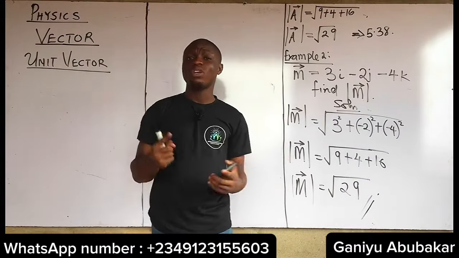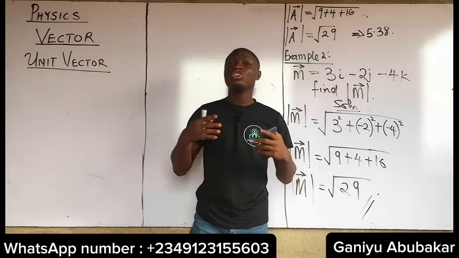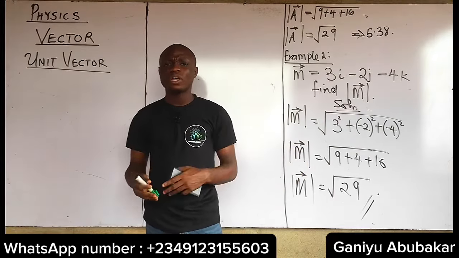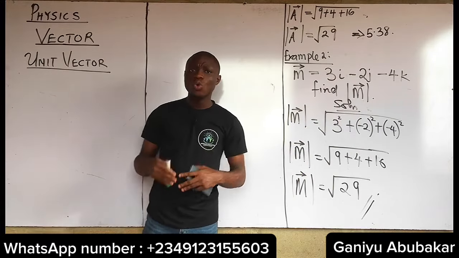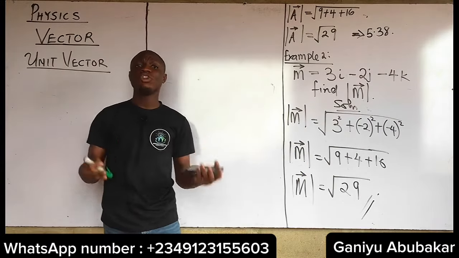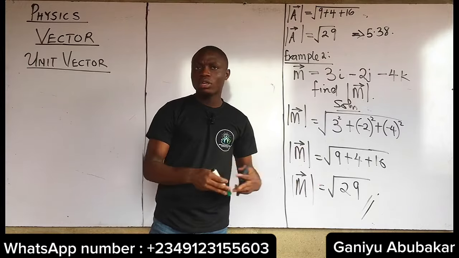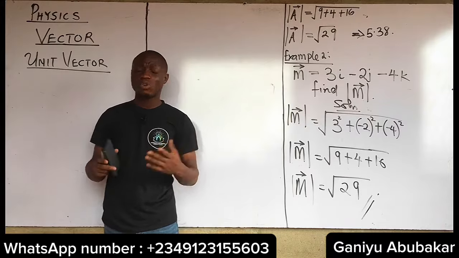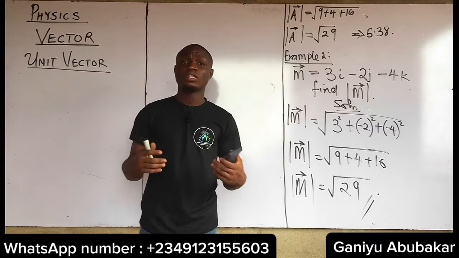When something is one, it's said to be unit or unity. So by definition, a unit vector is simply a vector whose magnitude or modulus is equal to 1. So when the magnitude or modulus of a vector is equal to 1, it is known as a unit vector.